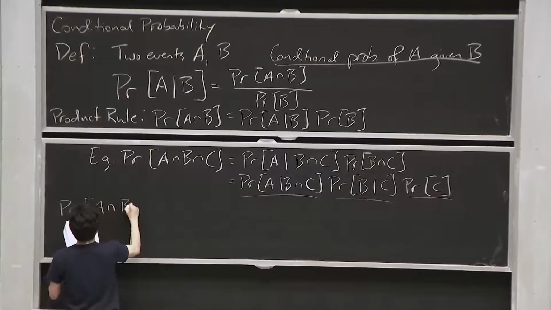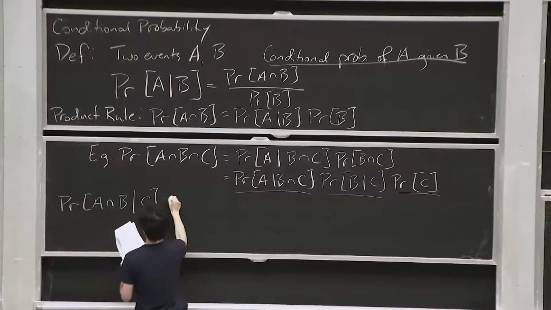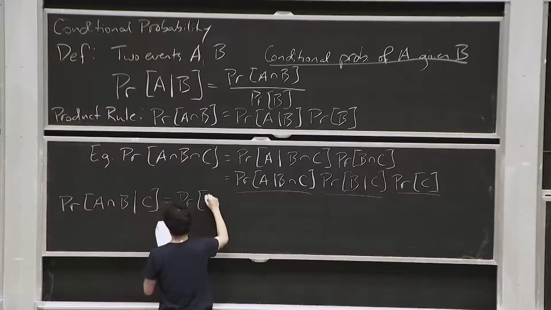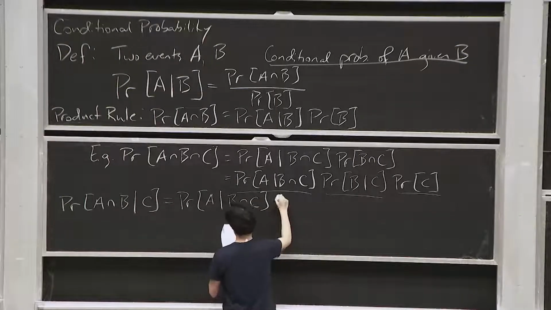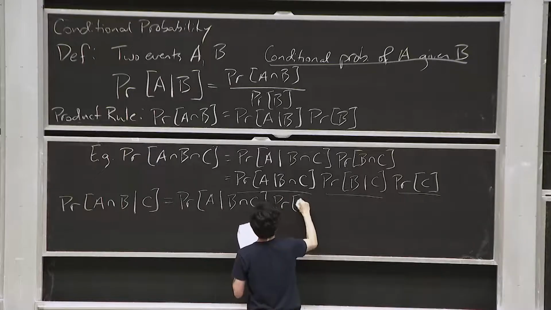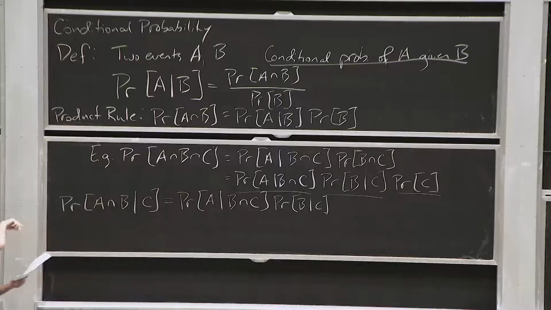The probability of A intersect B given C is going to be the probability of A given B intersect C, times the probability of B given C. Okay. So can anybody see why that might be the case? Well, first, maybe we should look at what exactly it is saying.